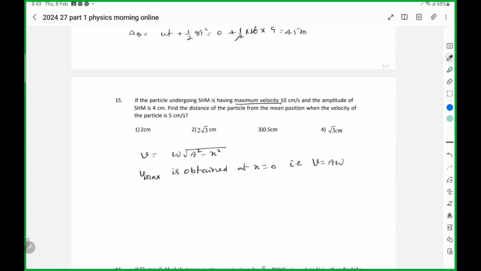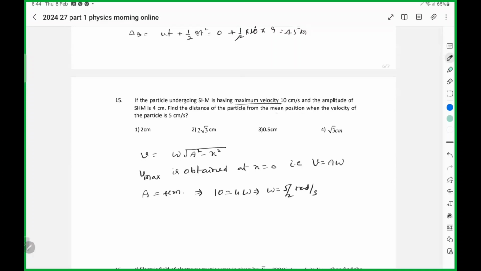V equals A omega, and the amplitude he has given as 4 centimeters. From this, the maximum velocity and the amplitude being given, I can calculate omega as 2 radian per second.